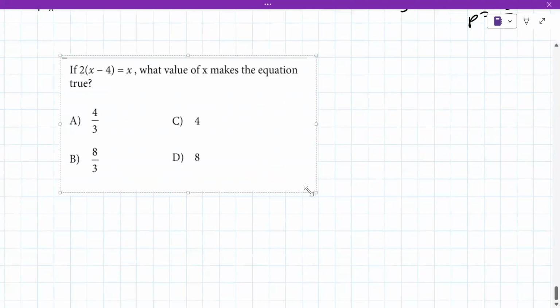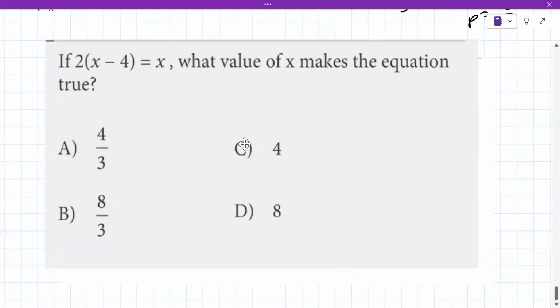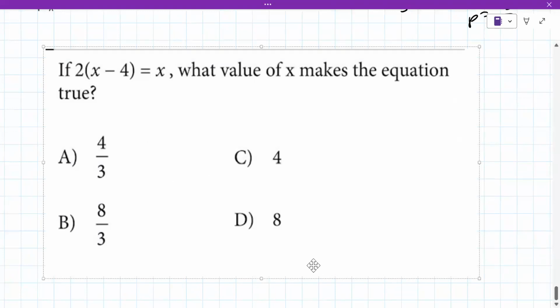The next problem I'm going to throw up in front of you, you have a choice to make. If you try answers, there's two nice answers and there's two non-nice answers. You have to decide what makes sense, or maybe direct solving. Maybe just go and solve it and see which one's right. I'll leave that up to you, but could you work this out and let me know what you come up with?